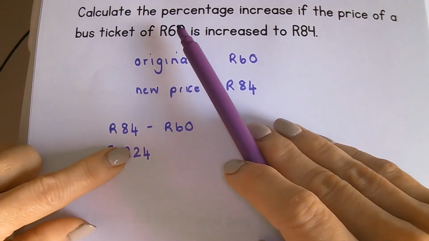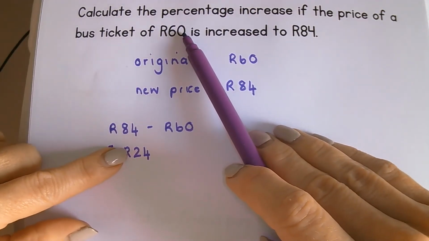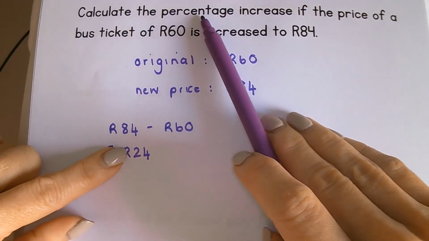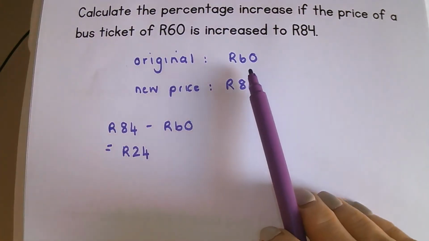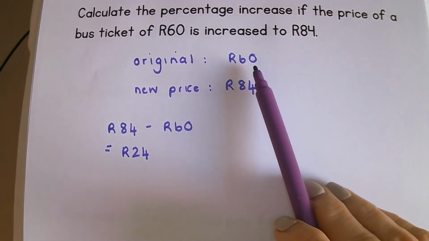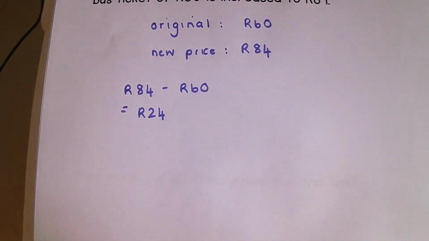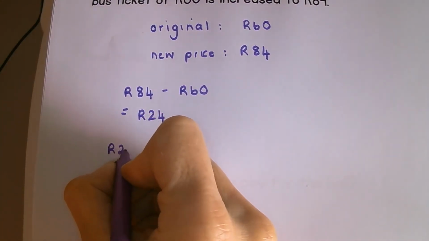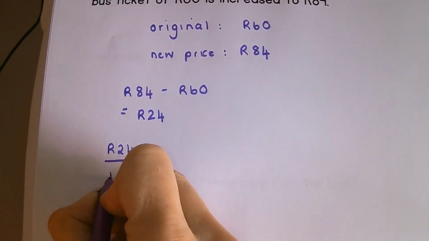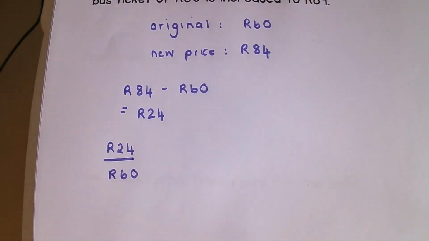So if we take these two numbers and put them over each other, then we're going to be able to find out the percentage. All we've done is we've taken the two prices, we've subtracted them, and we've got the difference. Now we're going to take that difference and put it over the original price of 60 Rand.